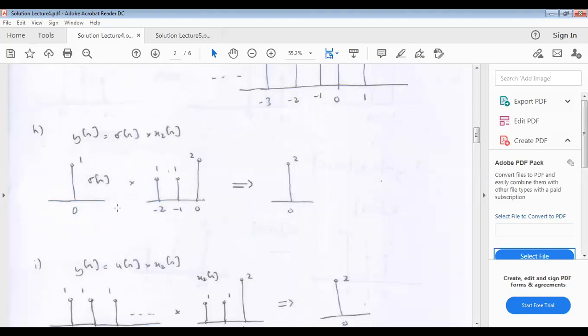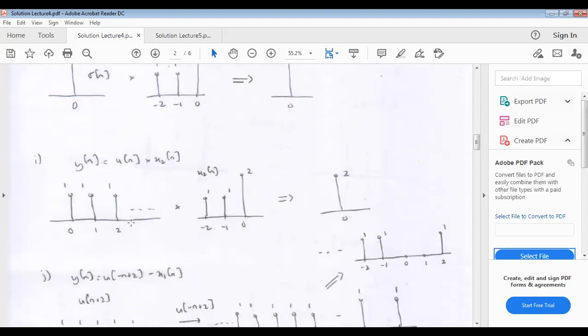The rest will be 0, right, because it's a multiplication. So the values at -2 and -1 of n can be ignored because they will be equal to 0 in the end. Okay, for part I, we have again a multiplication between two signals.